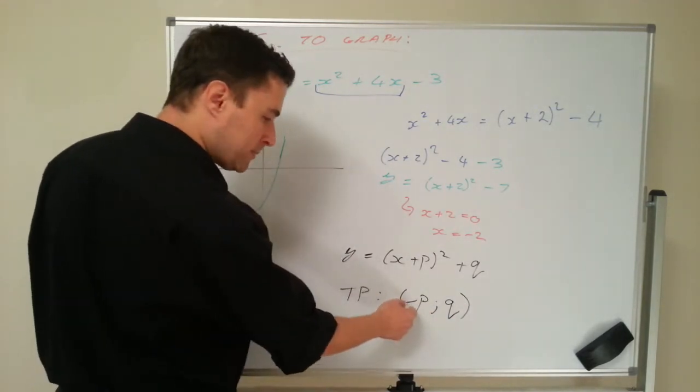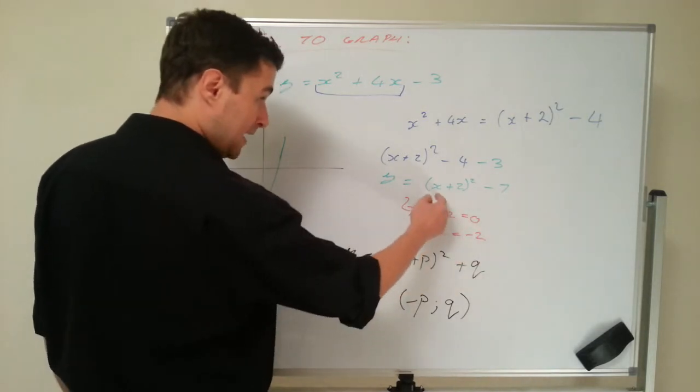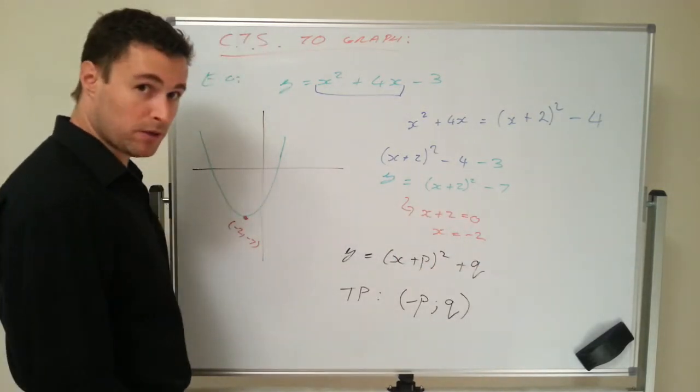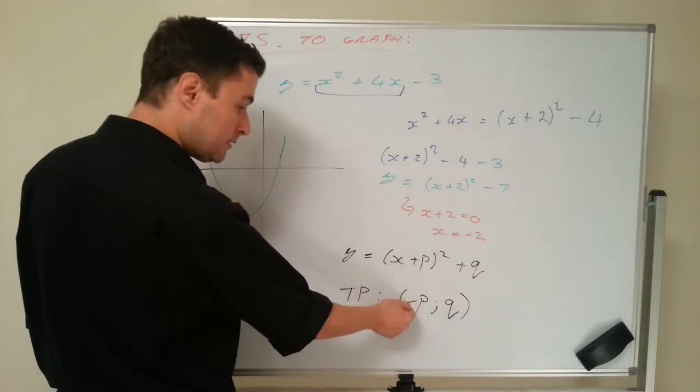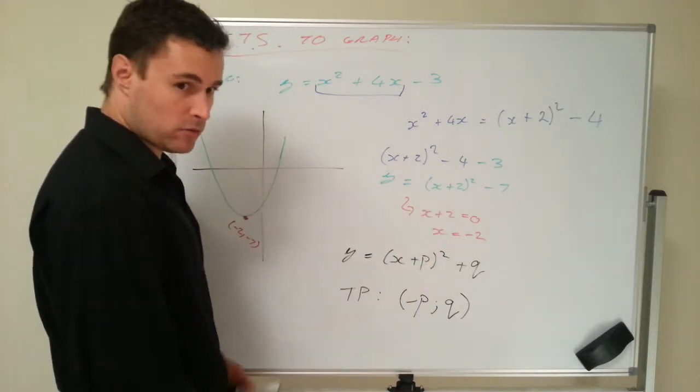The reason it's the opposite sign is that I make the bracket equal to 0 and solve it. That is what makes the bracket 0. That's why it's the opposite sign.